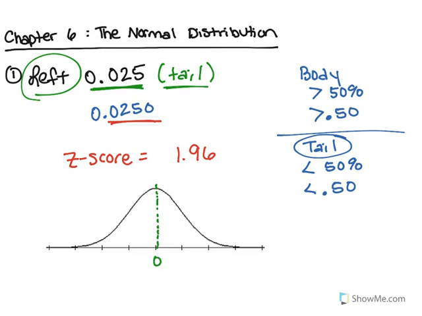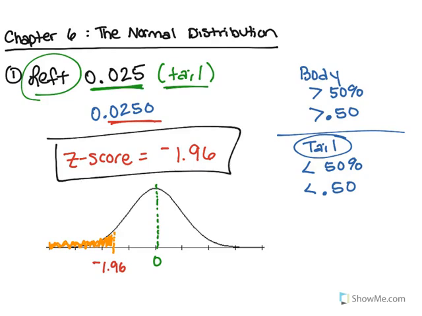So to the left means that the z-score, yes, is 1.96, but it needs to be negative 1.96. That is the z-score that matches 0.0250 on the left side. That's what I'm looking for from these first 6 questions.